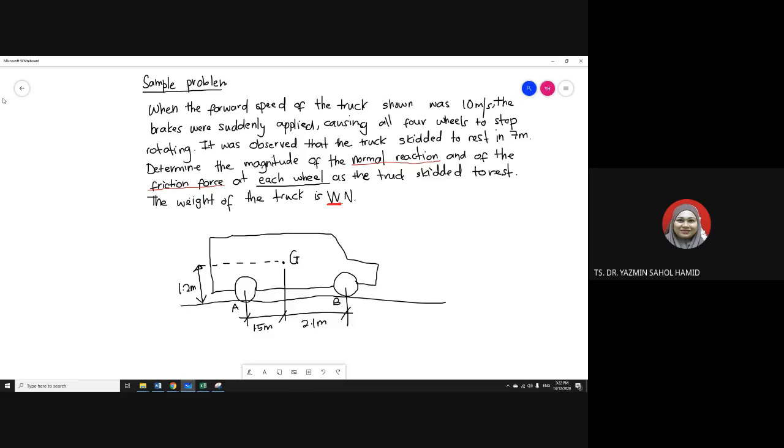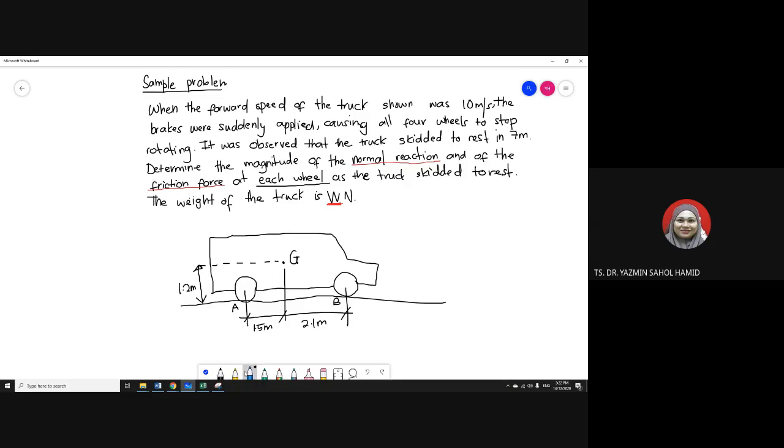Okay? Alright. And then when you observe this question involves moving in a translation form, it means it is moving in a straight line, you can use Newton's second law to solve this problem. So this question is rigid body.